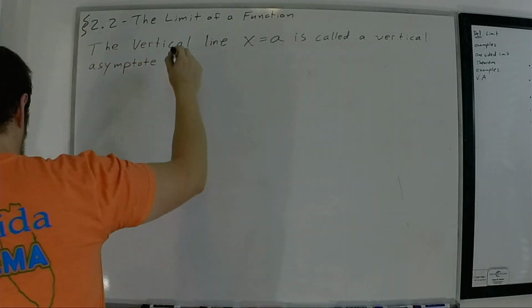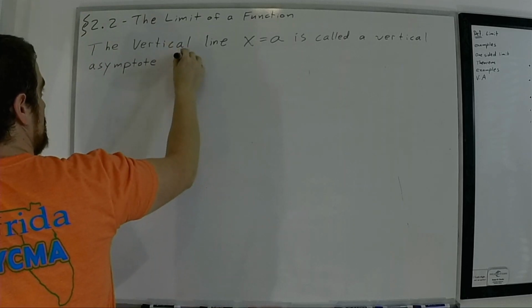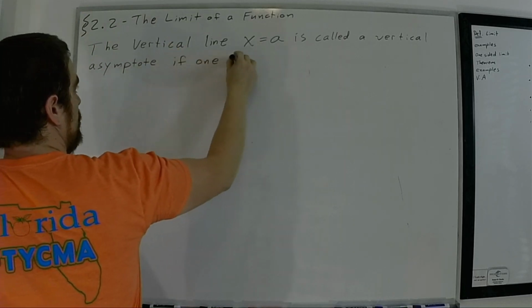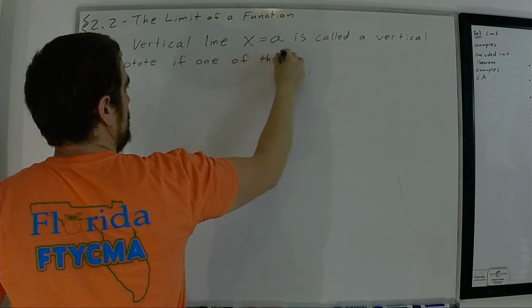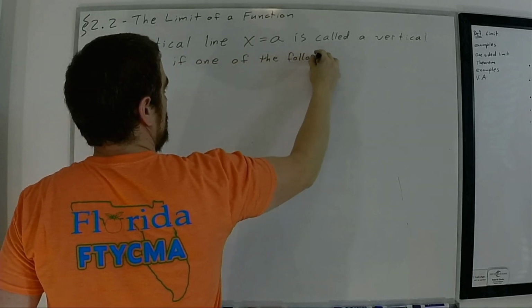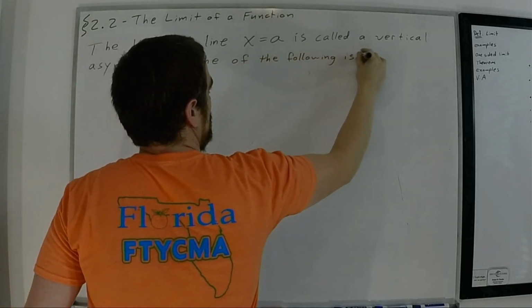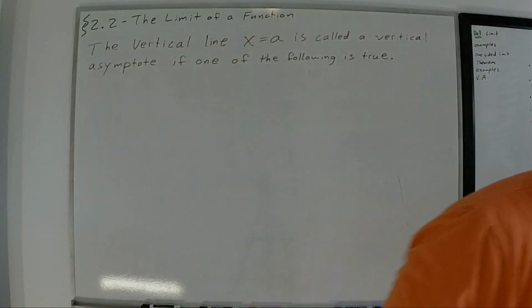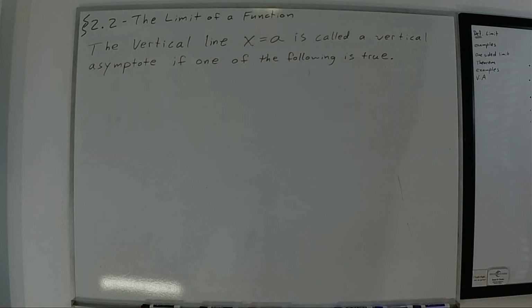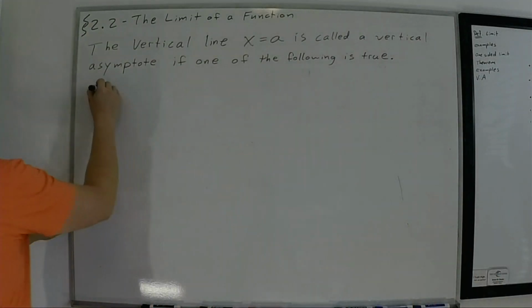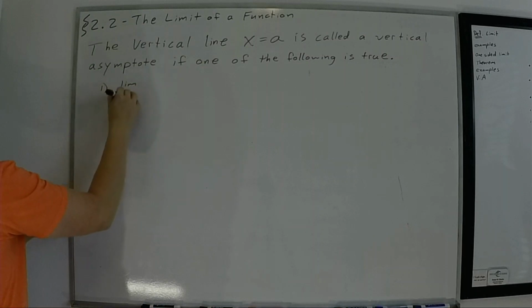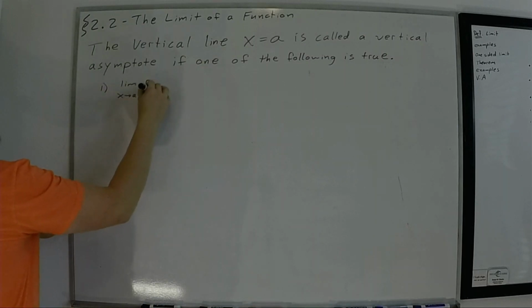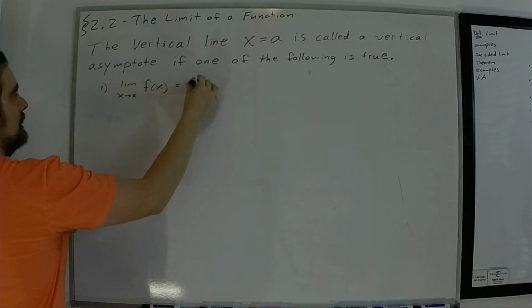But right now we will call this a vertical asymptote if one of the following is true. Notice only one of the following actually has to be true in order for this to work. The limit as x goes to a of f of x is infinity.